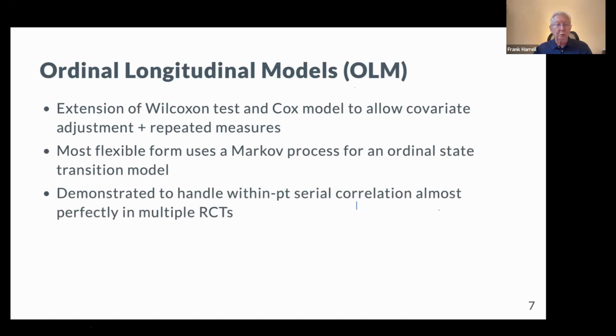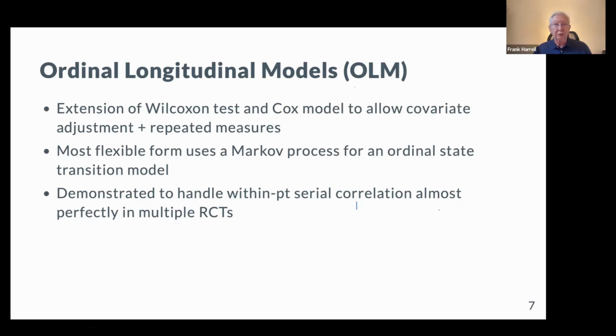And we have shown with multiple clinical trials that the within patient serial correlation is handled very accurately by using a first order Markov process. A first order Markov process says that when you're looking at a patient at a given visit, their tendency to have a bad outcome on that visit is a function of how poorly they were doing at the previous visit and at baseline, but not in visits previous to the previous visit.